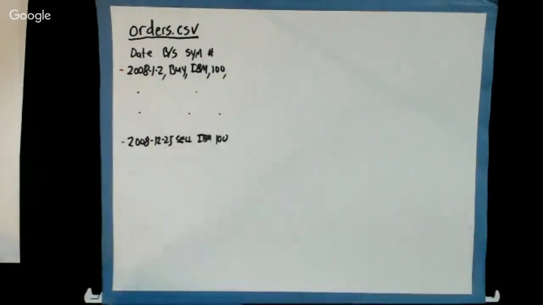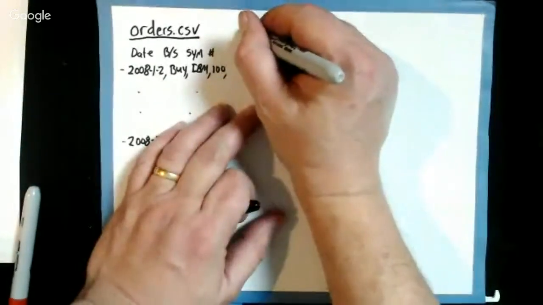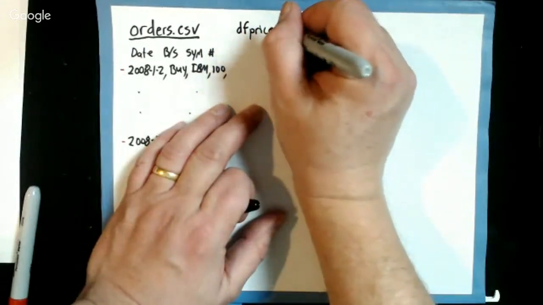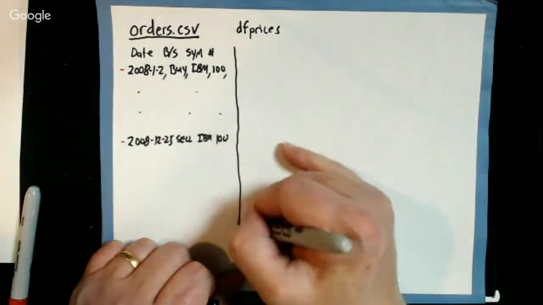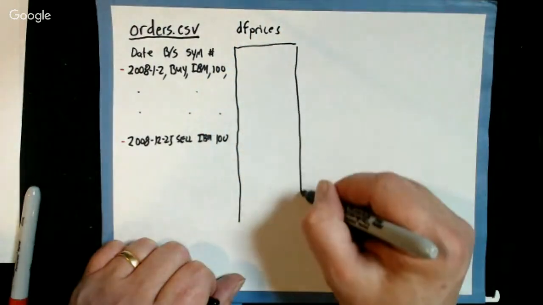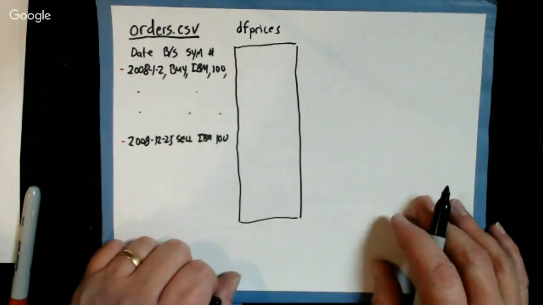So we're going to build a data frame of prices. So let's call this DF prices. And use the regular get data method for reading in the prices.